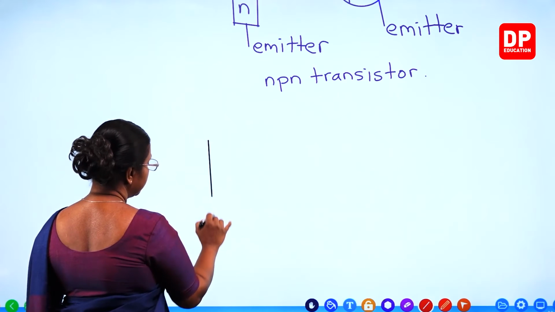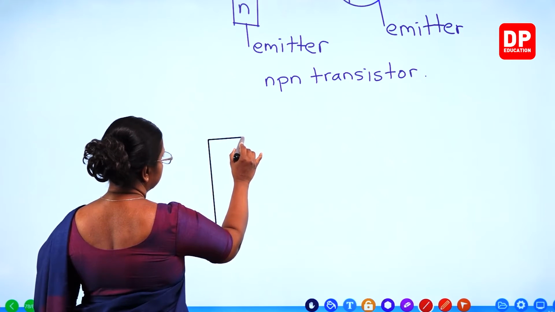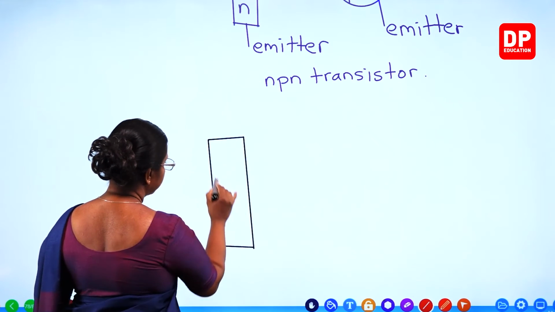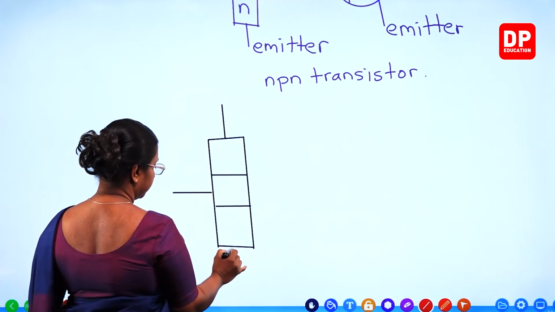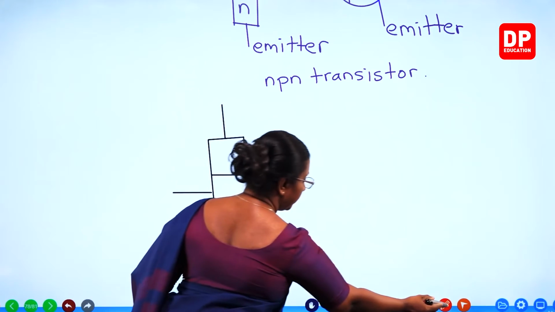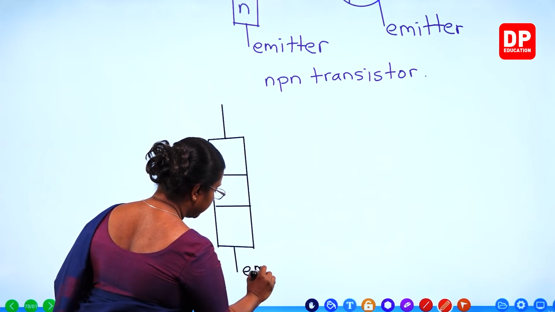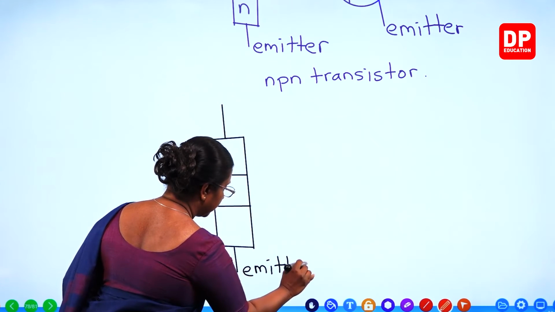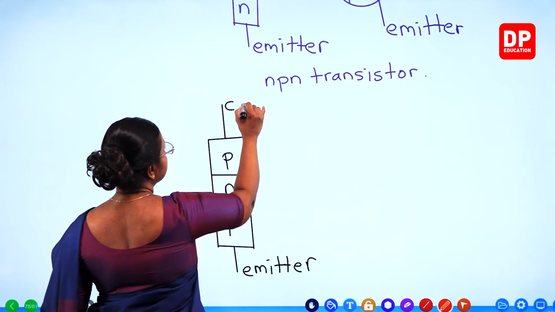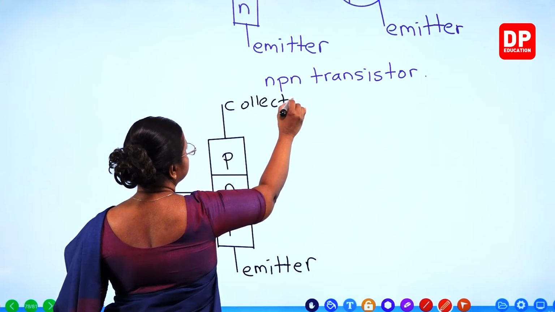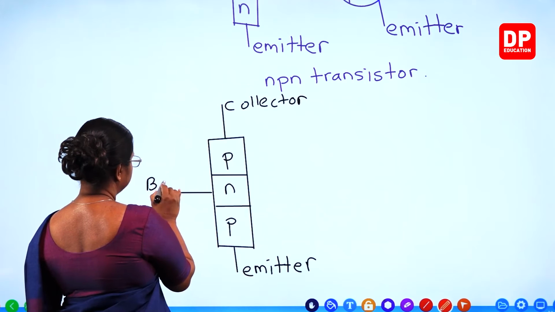So there, if we draw the structure, it is going to be like that. So here again emitter, but this is going to be PNP, collector and base.